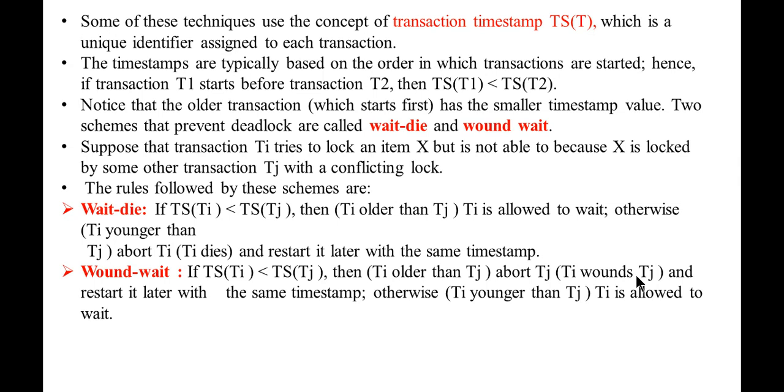The younger transaction which is aborted will be restarted later with the same timestamp value. If the requesting transaction is younger, then it is allowed to wait. So these two are opposite. In the previous case, olders are allowed to wait. In the second case, youngers are allowed to wait. So either of these two techniques can be used to prevent the deadlock.